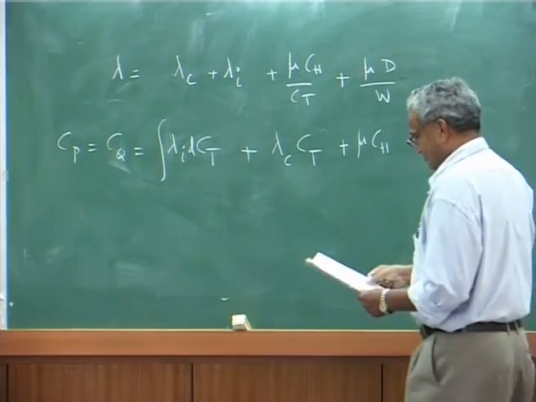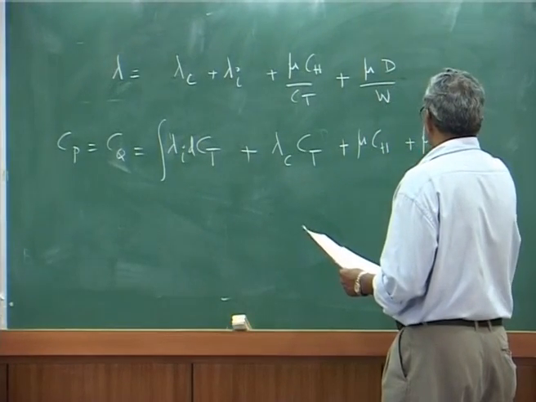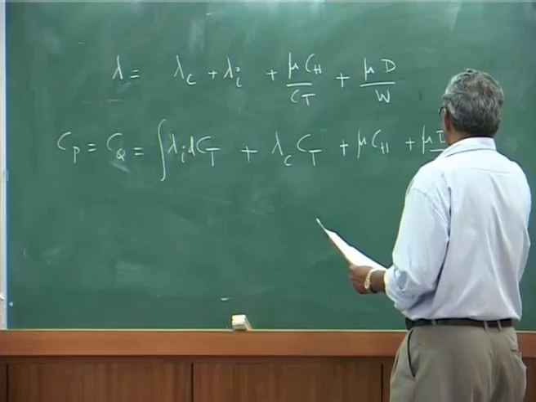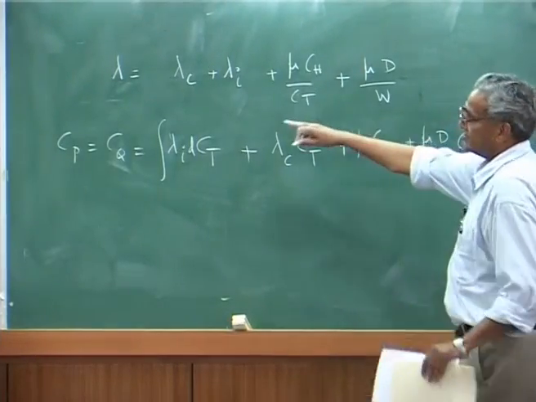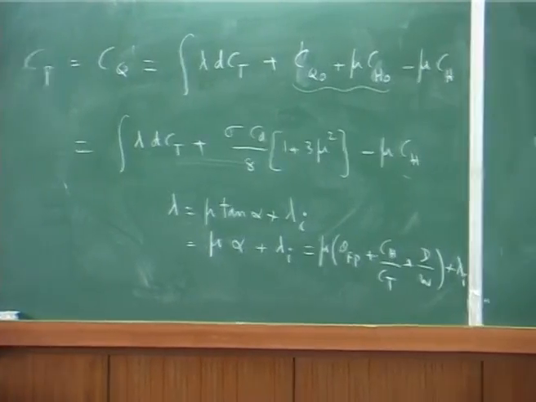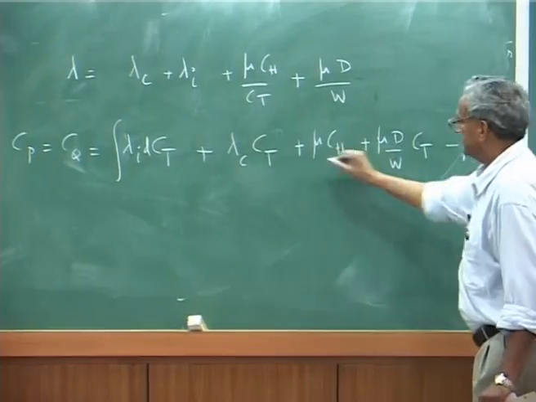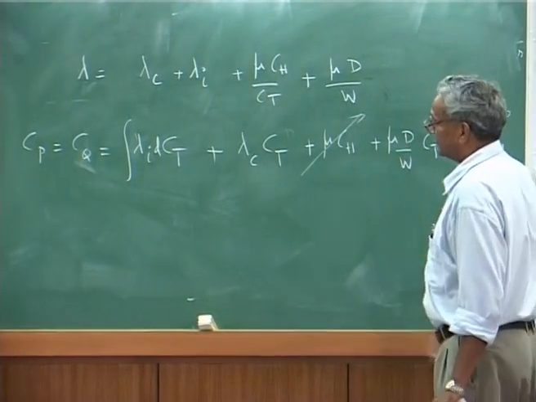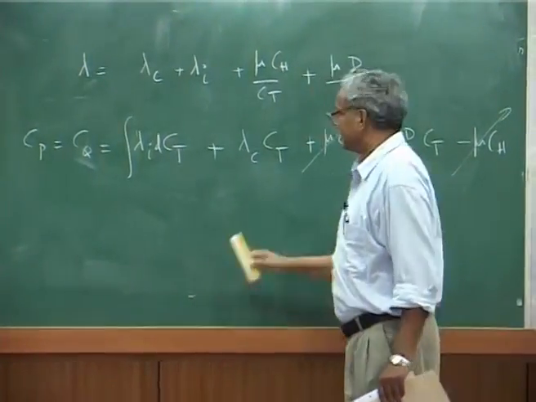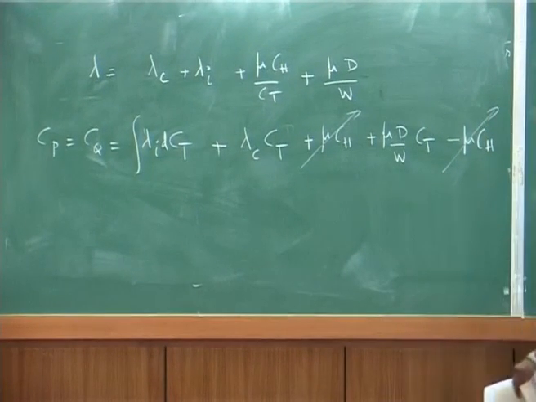So I will write that expression, mu plus mu d over W Ct minus, you still have that mu Ch term. So minus mu Ch. So you find minus mu Ch and plus mu Ch will cancel out. Okay.